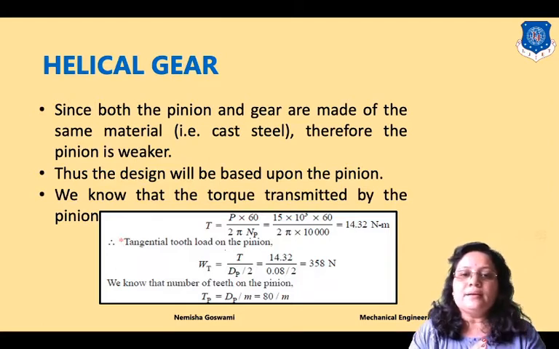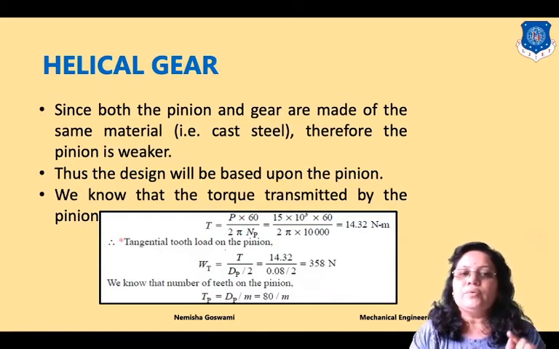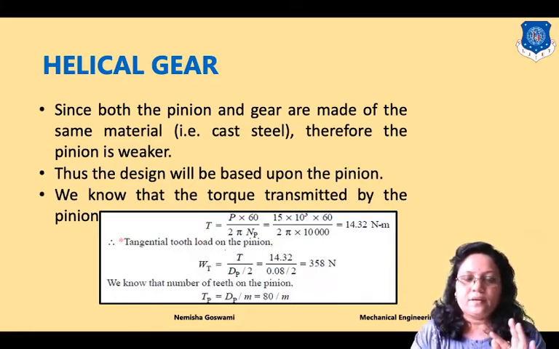So here we will consider the RPM of the pinion, right? Now I will put all values in this equation and after solving it, we will get 14.32 Newton meter, meaning 14.32 Joule. So this is your torque, right?